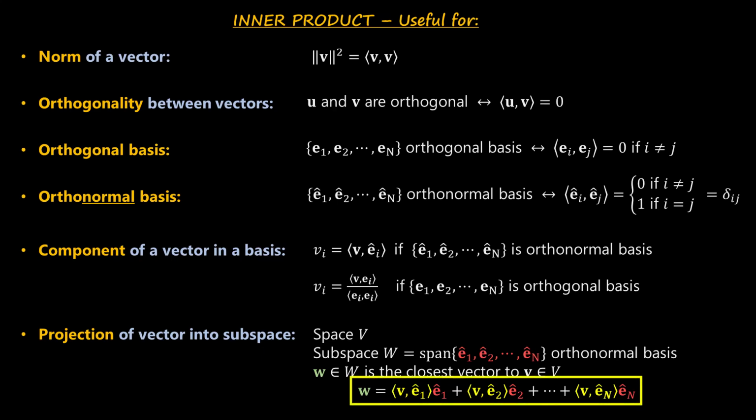W equals inner product of V with e1 in the direction e1 plus all the way up to the inner product of V with the unit vector en in the direction en. In other words, we move in the direction of each unit vector of the basis by an amount given by the inner product of V with the corresponding unit vector.